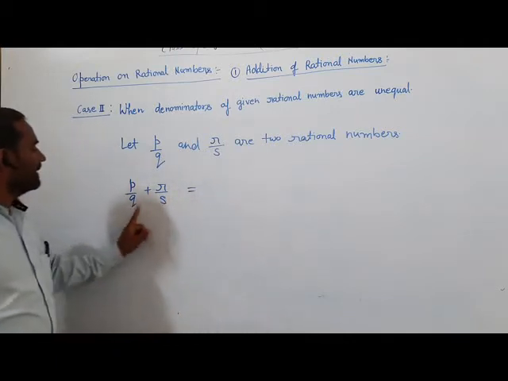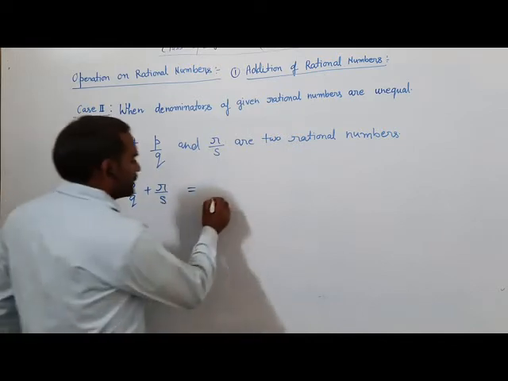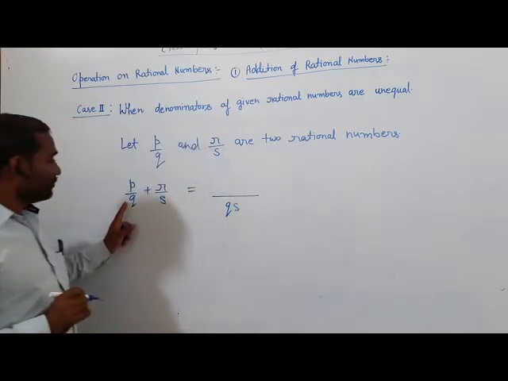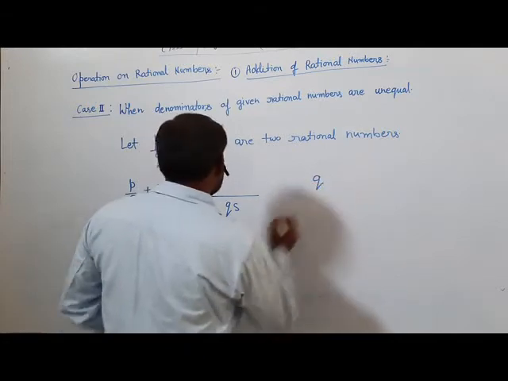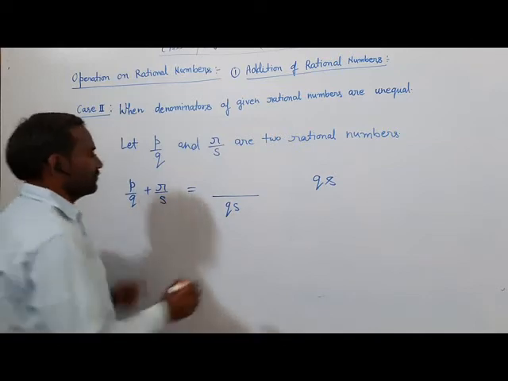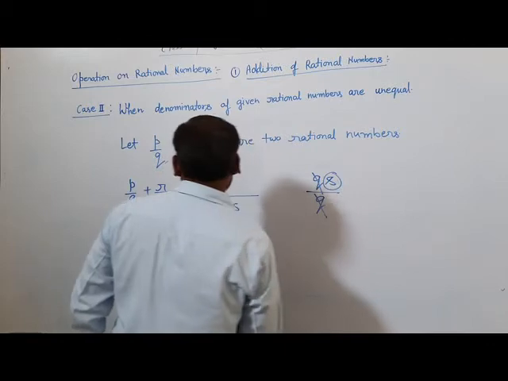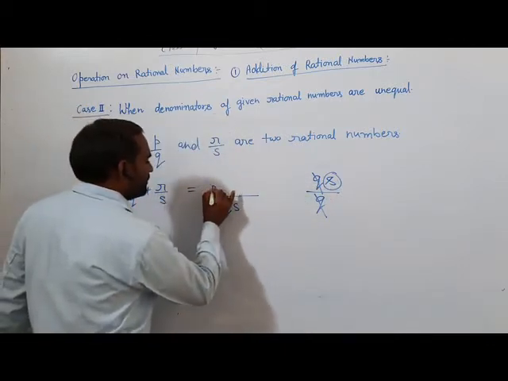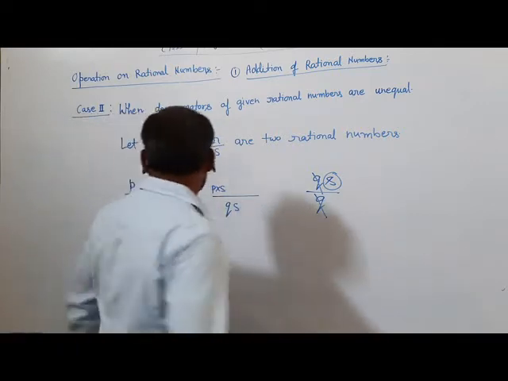The LCM of q and s is qs. Now we divide qs by q; q is cancelled, the answer is s, so we multiply p by s, that is p into s. Now plus.